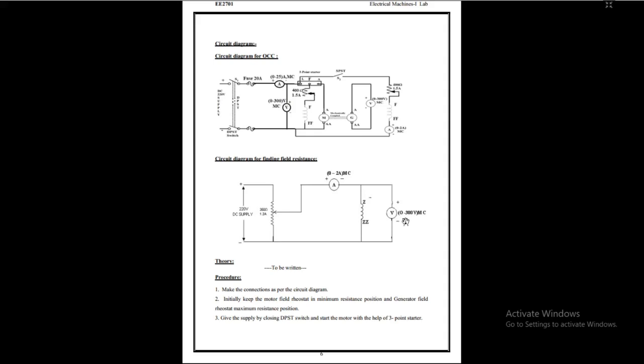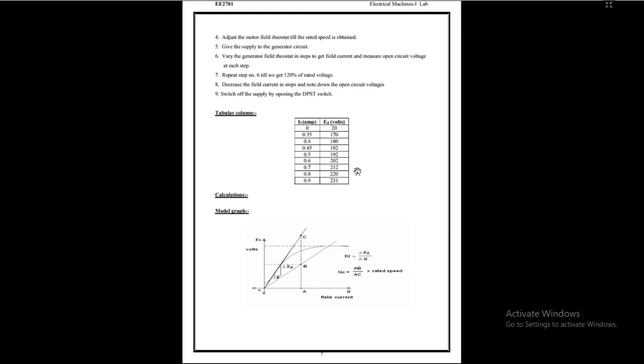From these we get the field resistance. Understand what resistance is? Resistance is nothing but the voltage across an element divided by the current entering that element.